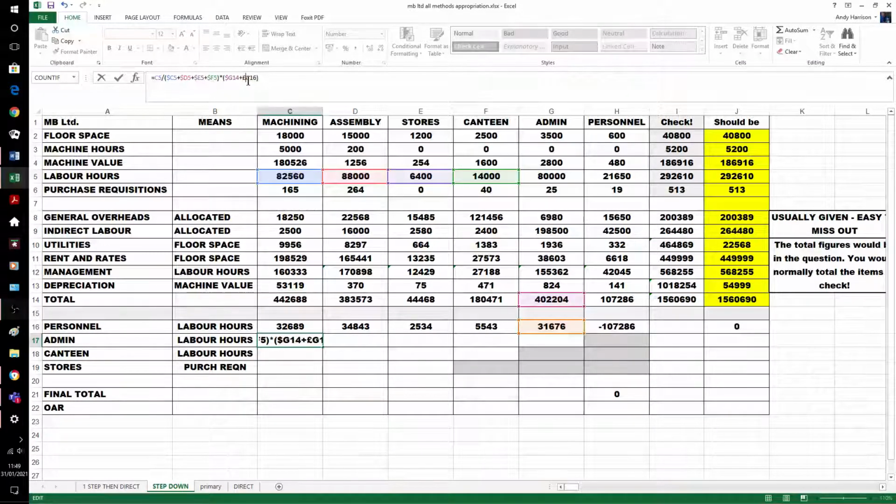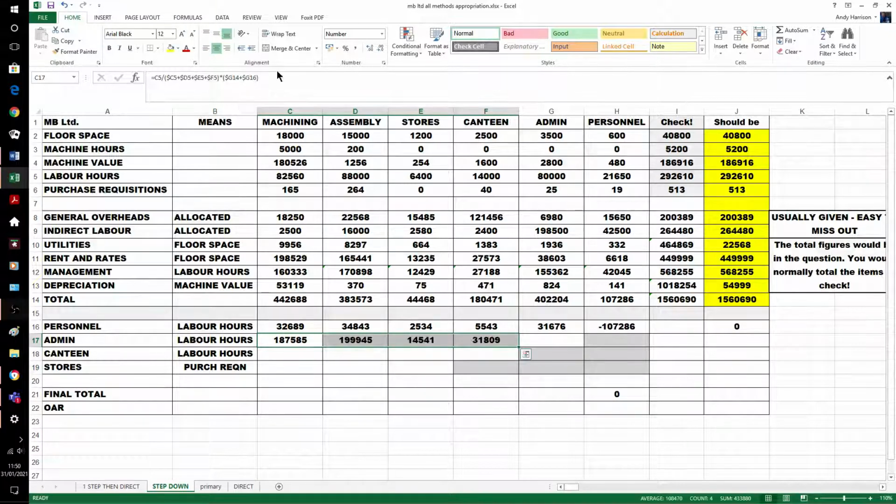Could I have typed the formula out 4 times? Oops, it's not going to work. Just need to go on the 4, and we should get a pattern in proportion to the labour hours, and then of course we'll get the total here. Now it won't be the 402,204, it's going to be these added together.